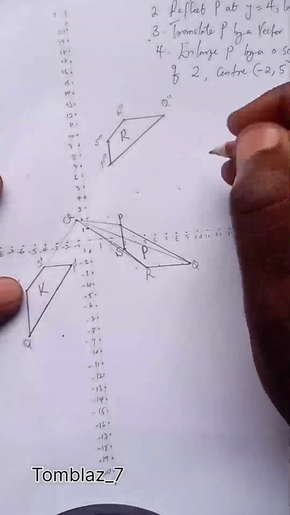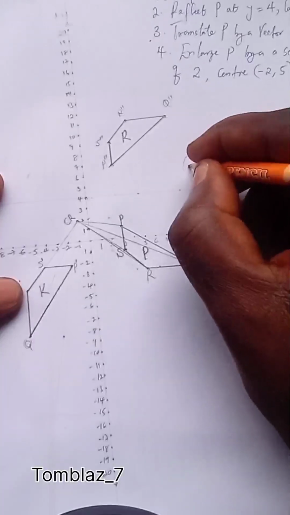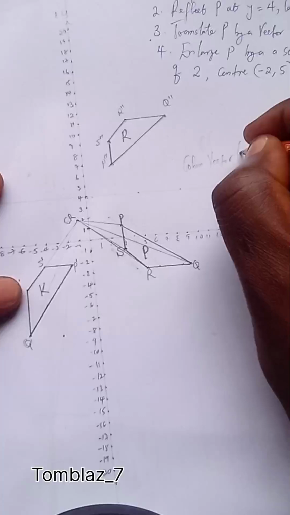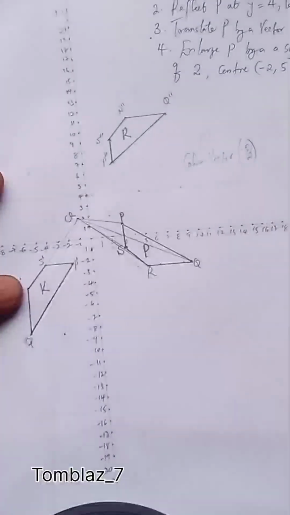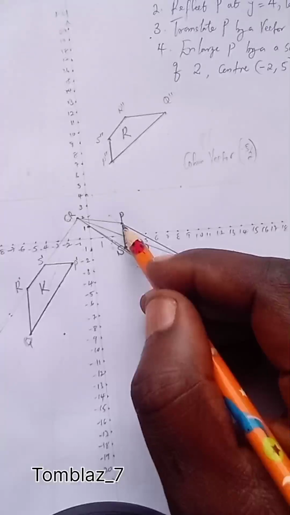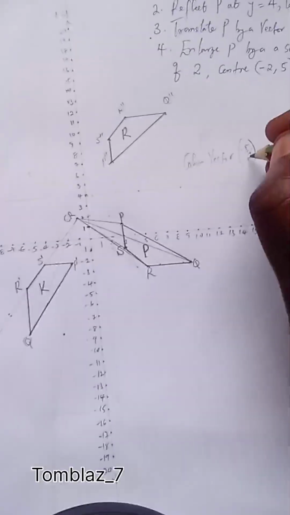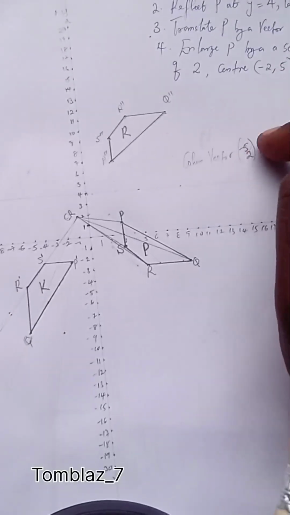So the column vector is minus 5 and 2, right? Minus 5 and 2. So let's take away minus 5 from this and add 2 to it. That's minus 5 and plus 2, right? Minus 5 is for x. So negative x goes this way.